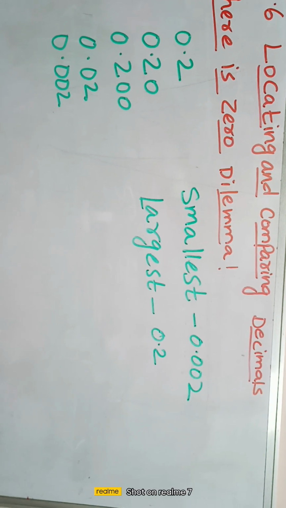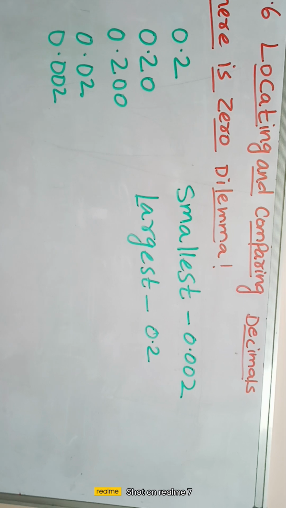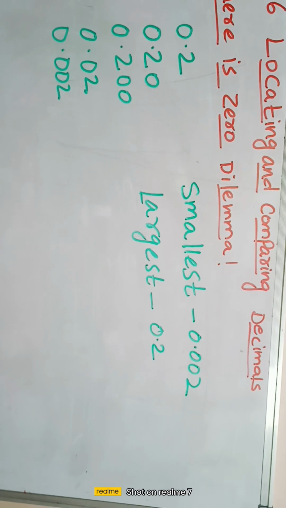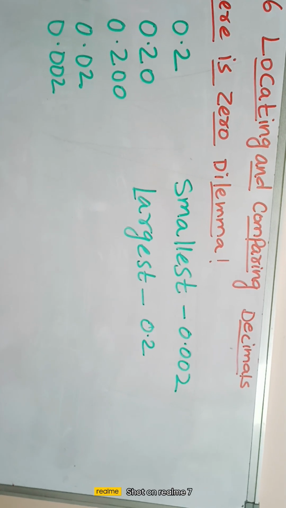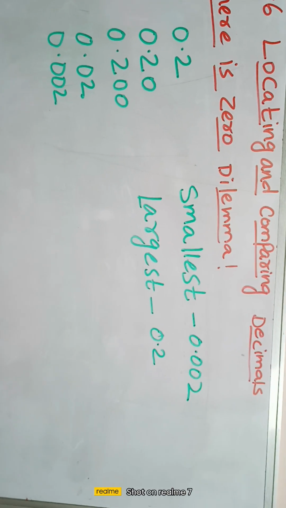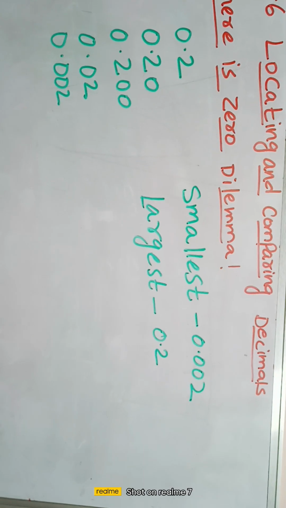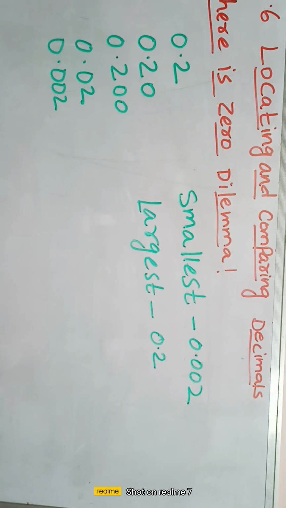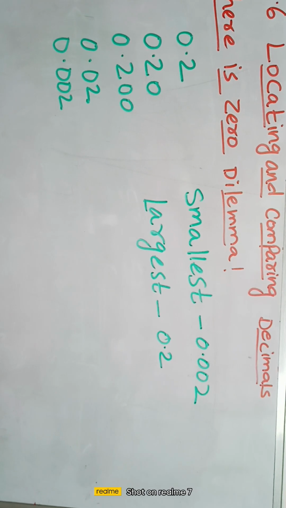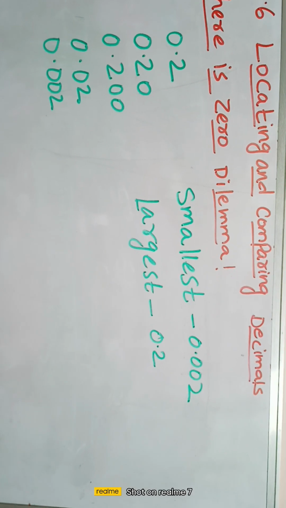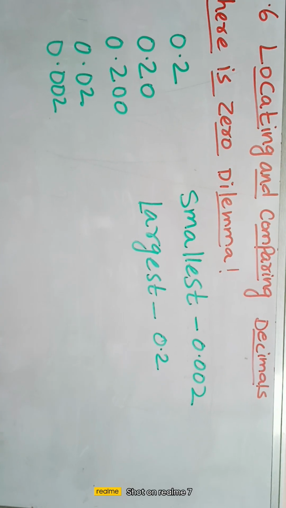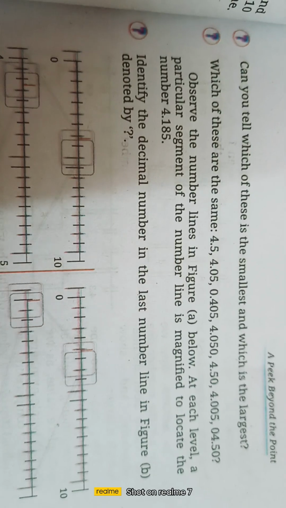Whenever the value moves further after the point, it is the smaller value, and a value nearer the point is the greater value. So the smallest is 0.002, where the value is in the thousandths place, and the largest is 0.2.